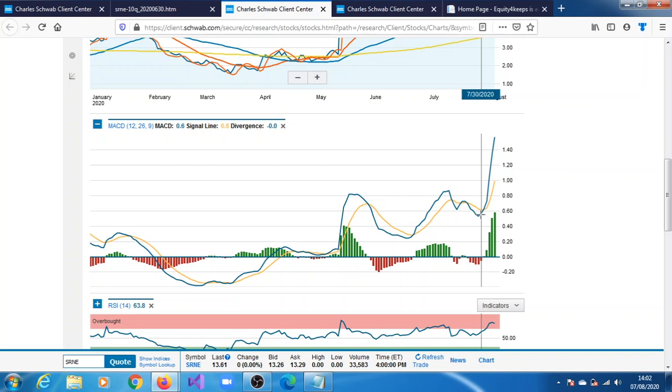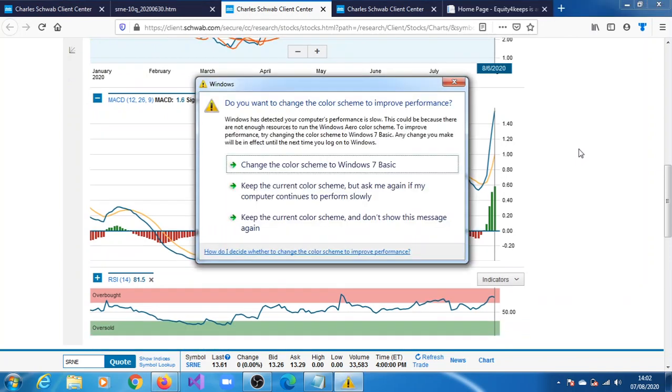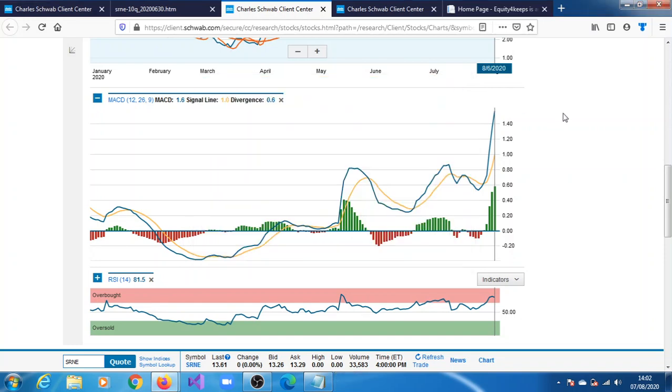It began to say that I'm moving up now, and it did exactly that. I know it is easy for us to say because it has already happened, but as it is now, the chart is saying that there's a lot of momentum in Sorrento, based on this narrow definition of just looking at this MACD and signal line.